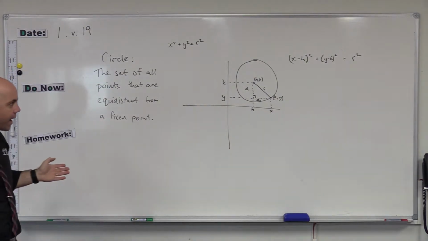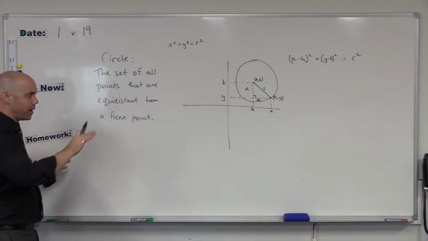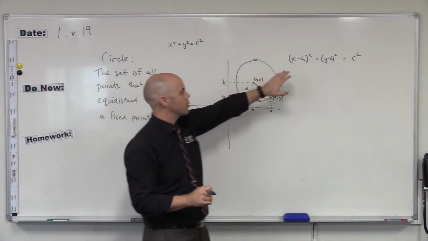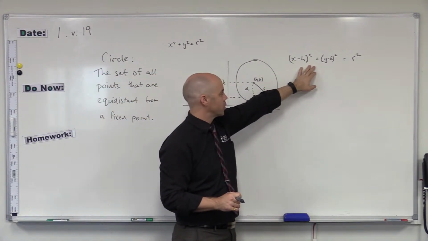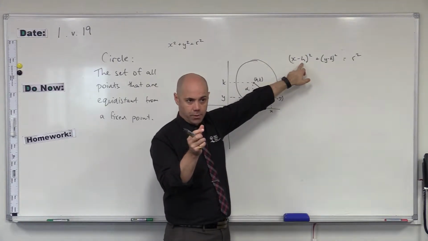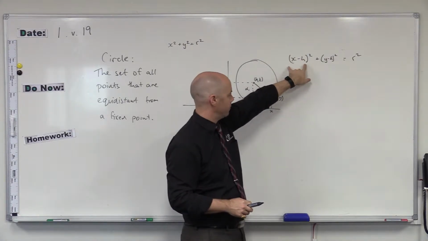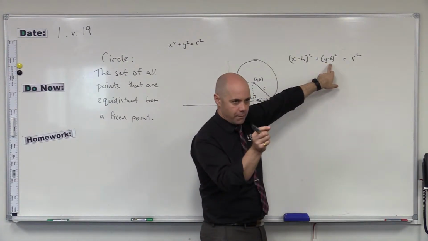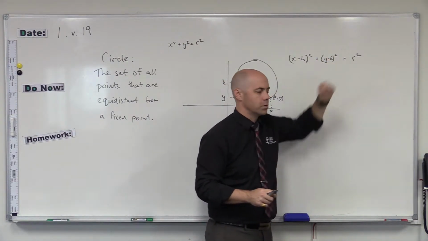No matter where in the Cartesian plane the circle exists, we can describe our circle as x minus the x value of the centre, all squared, plus y minus the y value of the centre, all squared, equals the radius squared.